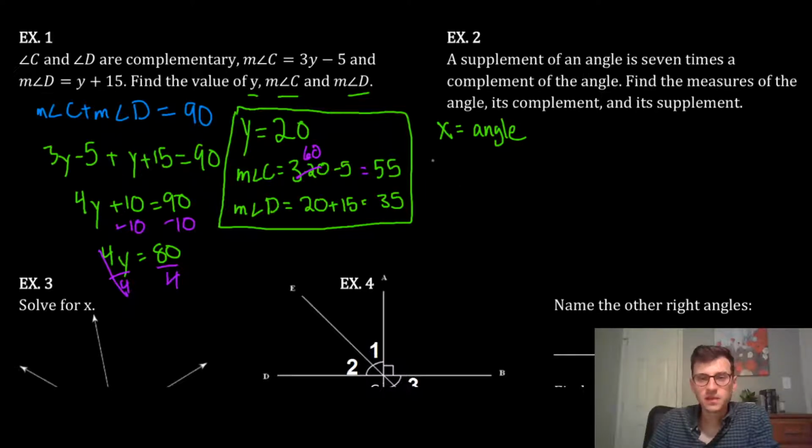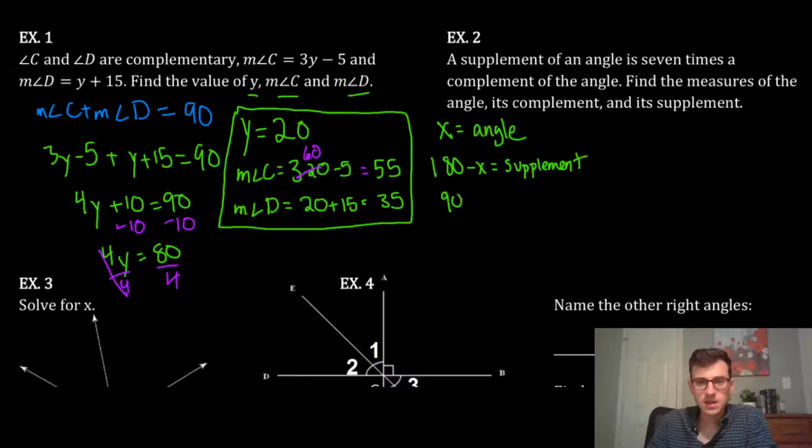That means that 180 minus x is the supplement of the angle, right? Because x plus whatever this is would equal 180.